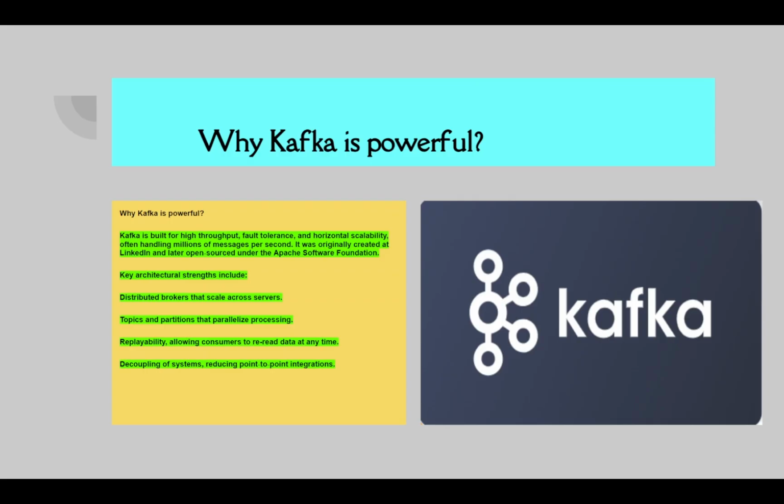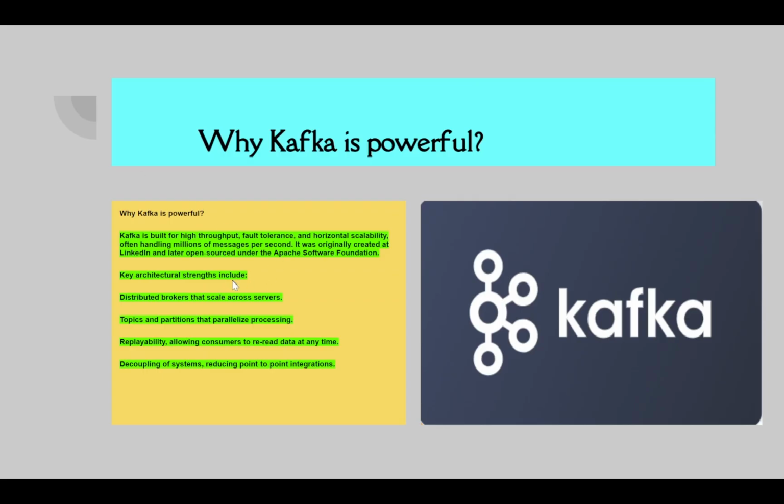It is built for high throughput, fault tolerance, and horizontal scalability. You can scale Kafka horizontally, often handling millions of messages per second. As I mentioned, you can best use Kafka for processing millions of messages per second. It was originally created at LinkedIn and later open sourced under the Apache Software Foundation.